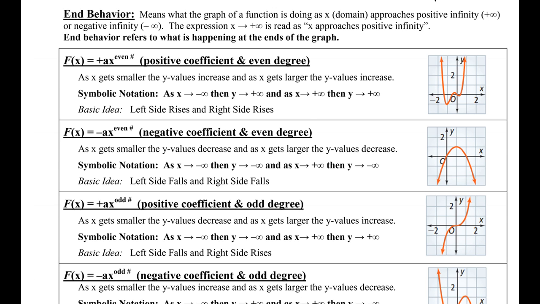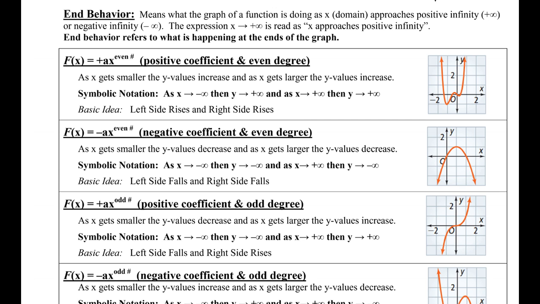The expression x approaches positive infinity is how it's written and how it's read. End behavior refers to what is happening at the ends of the graph. To decide this, you're going to look at the first term that has the highest degree.